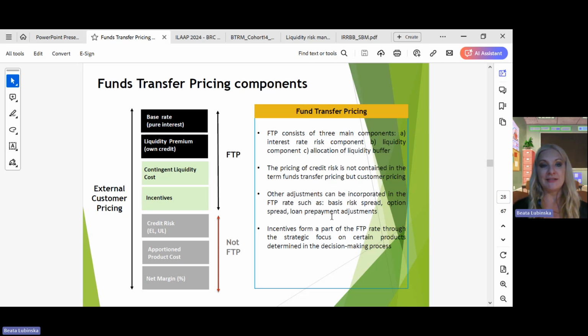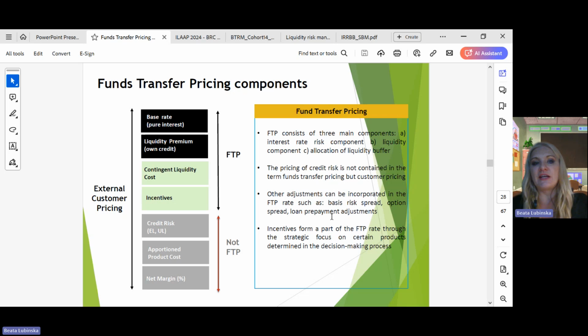So you are running a negative cost of carry, which means that it is expensive to hold liquidity in the form of a liquid asset buffer. So you have to obviously charge this cost to the source of the liquid asset buffer cost.